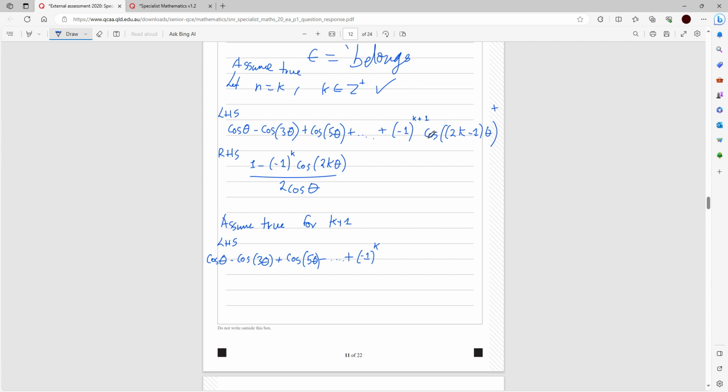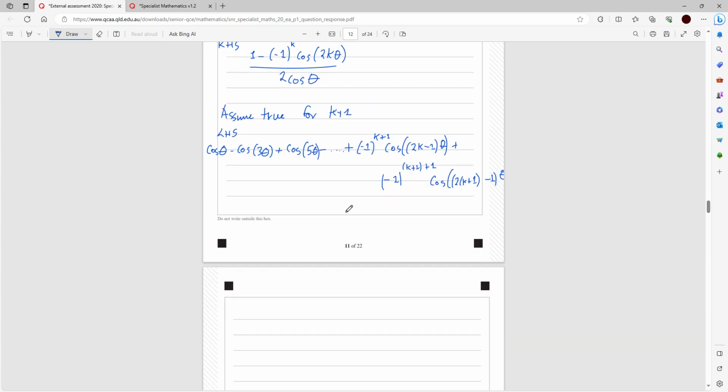So you write this whole thing pretty much, plus 1 cos of 2k minus 1 theta. Then you go plus and the k plus 1 term. So I'm going to write -1 to the k plus 1 plus 1 cos of 2 multiplied by k plus 1 minus 1 theta.